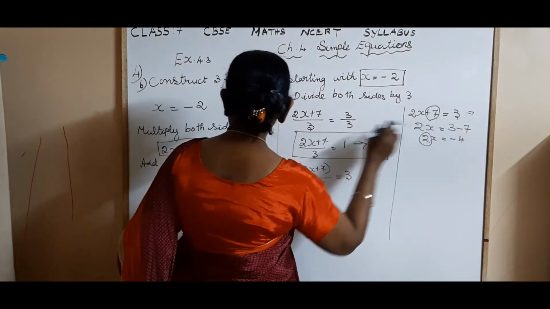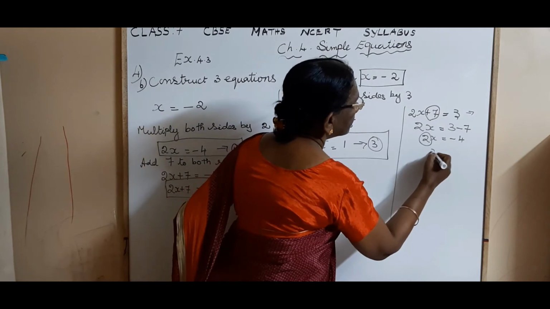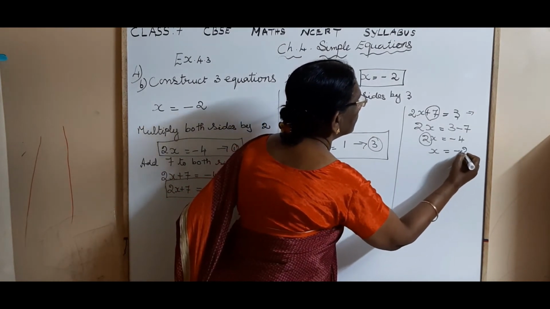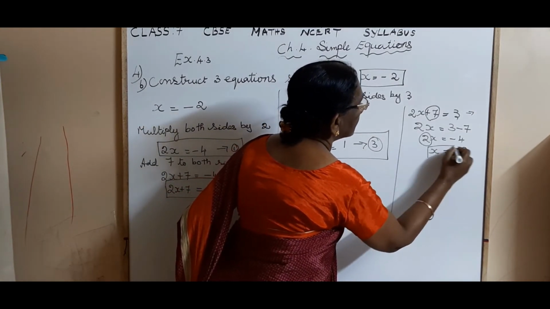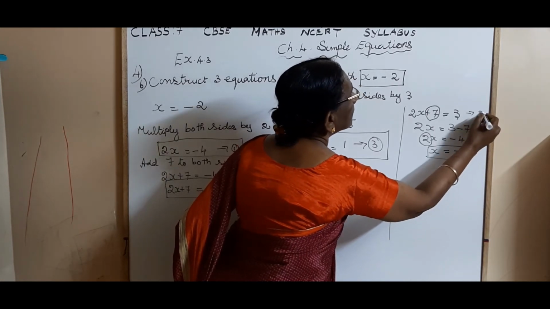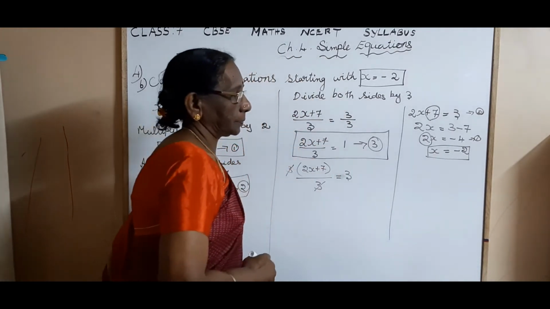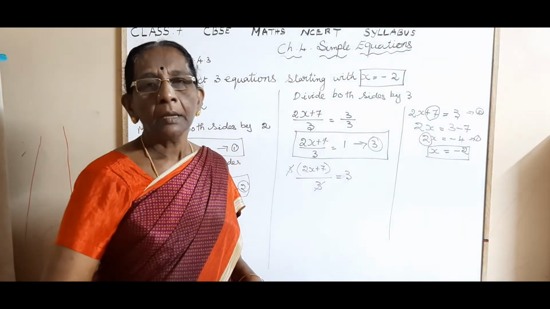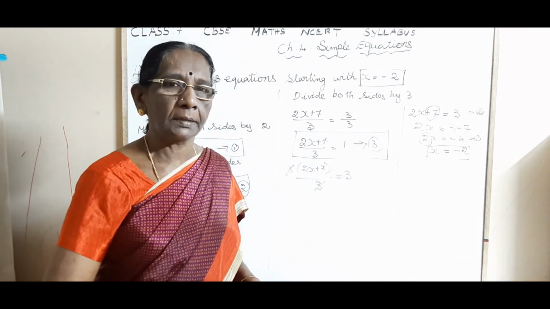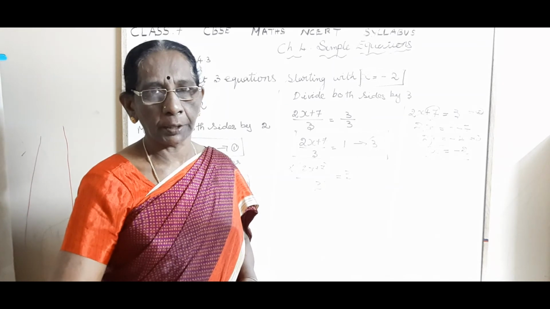Now you are getting the first equation. Okay. So now x is equal to -2. We are getting the solution. Isn't it, children? So this is the first equation and this is the second equation, and we have solved the third equation. Have you understood, children? So this is the way you can construct equations for the solution. The first sum you can do by yourself.